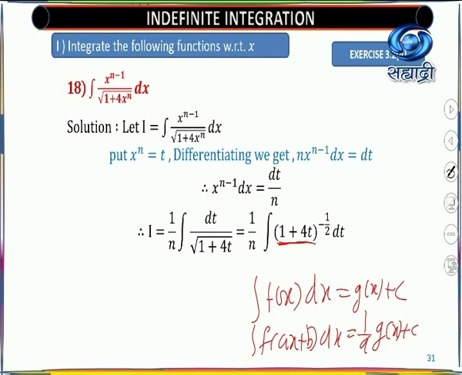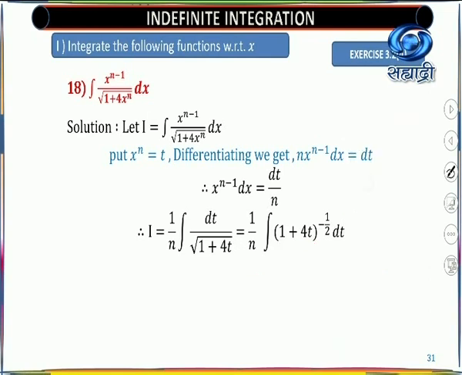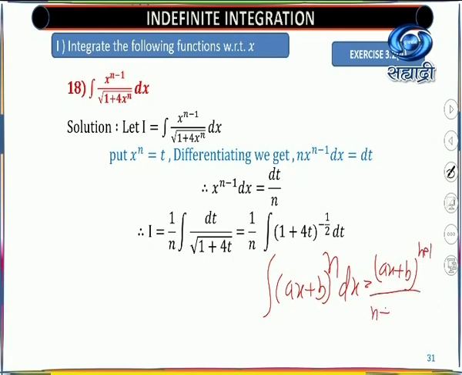So first we'll use the formula for x raised to n. That means this is nothing but whatever the formula given in your corollary, that is integral ax plus b raised to n. You are able to write this as ax plus b raised to n plus 1 upon n plus 1 into a plus constant of integration, that we are using here.